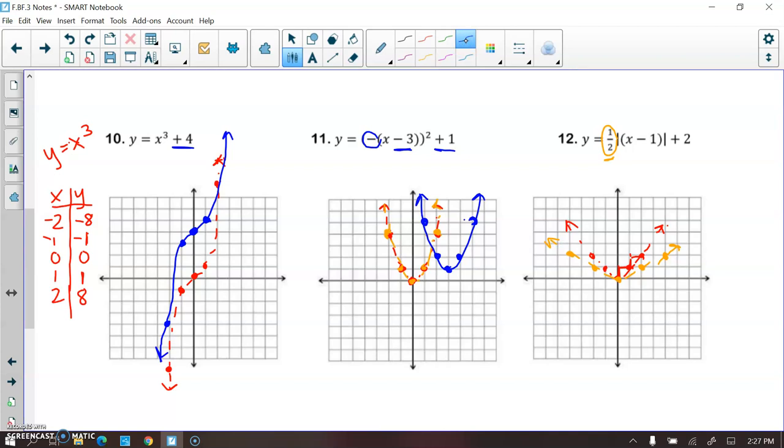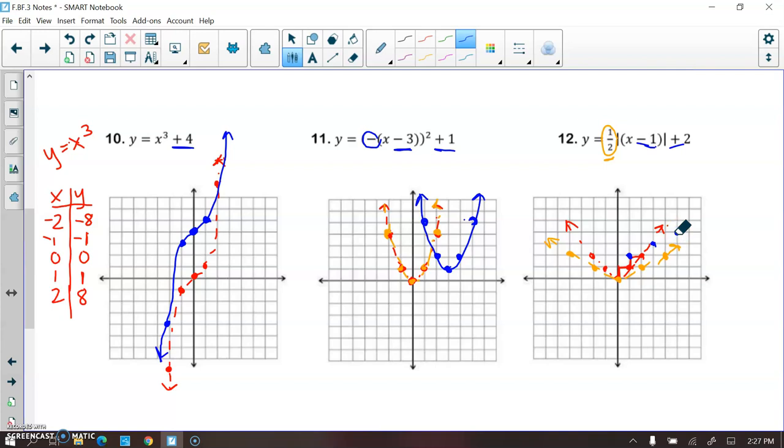Now I'm going to take that yellow graph, I'm going to transform it 1 to the right and 2 up. So starting at 0, 0, transforming 1 to the right and 2 up would put me right here. Starting at my next point, 2, 1, going 1 to the right and 2 up puts me right here. And then my last point, which is 4, 2, going 1 to the right and 2 up puts me right here.